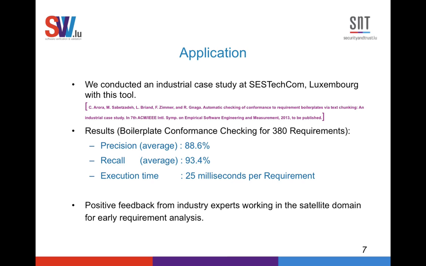We used the RUBRIC tool to check conformance of around 380 requirements. We used 72 different combinations of the text chunking, and the average precision of checking conformance was 88.6% and recall of 93.4%, and the time taken to analyze requirements on average was 25 milliseconds per requirement.